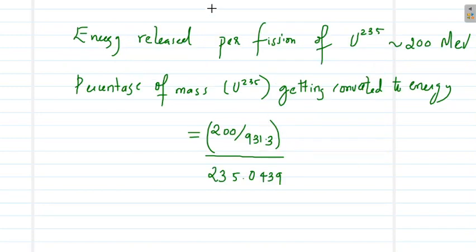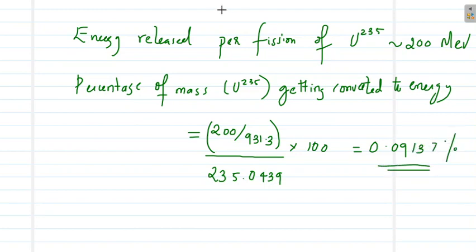Just like that, in the case of uranium, which releases 200 MeV per fission, this much amount of its rest mass is converted into energy. So multiply it with 100 to find the percentage, and this is equal to 0.09137.